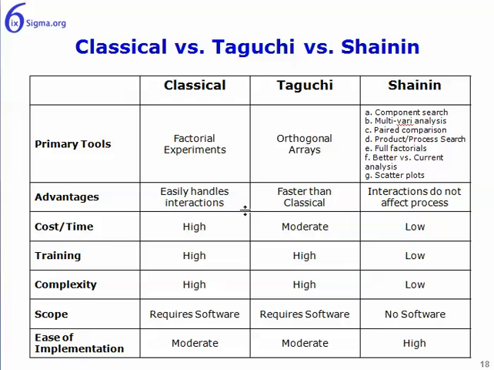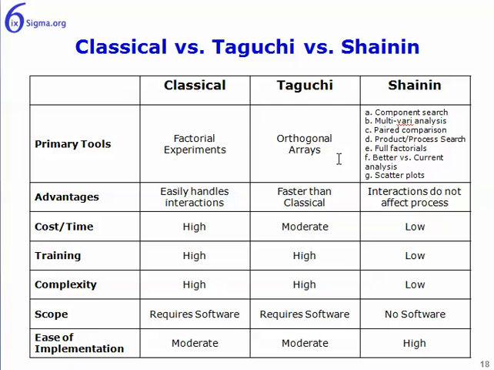Now, I just want to look briefly then at each of the classical, Taguchi or Shannon DOE. So these three methods comprise what I would call true design of experiment type methods. So the primary tools are factorial experiments, orthogonal arrays, although classical does have orthogonal arrays as well.